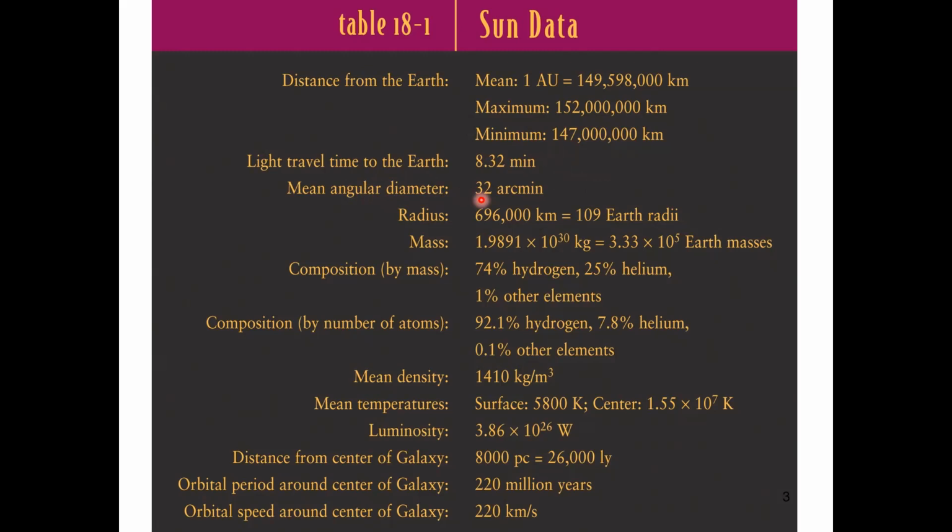So you can cover the entire sun with your thumb. And interestingly, this is very similar to the angular diameter of the moon. The size of the moon and the size of the sun in terms of angular diameter, as you see it from the Earth, is pretty close to each other, half a degree.